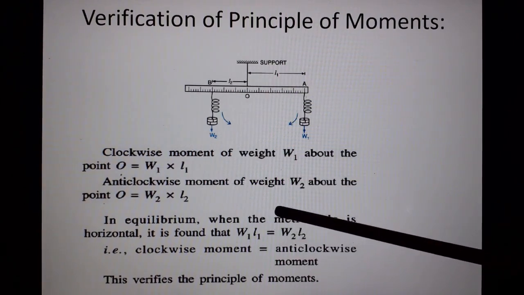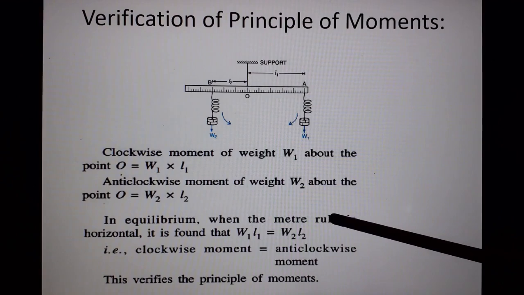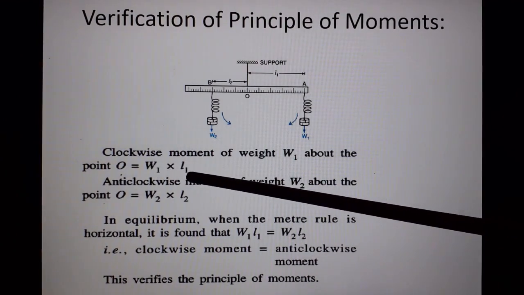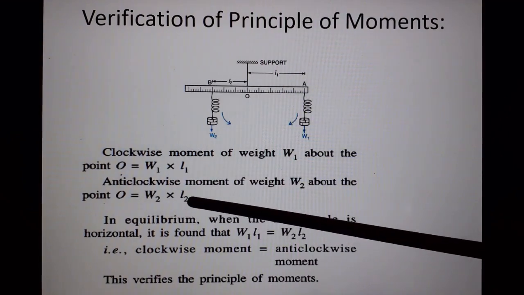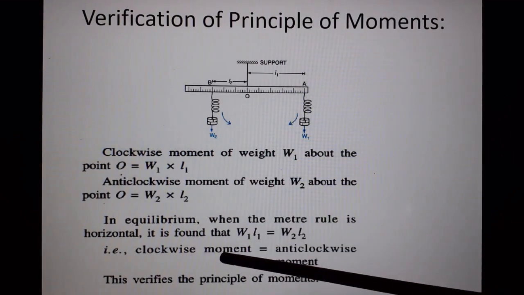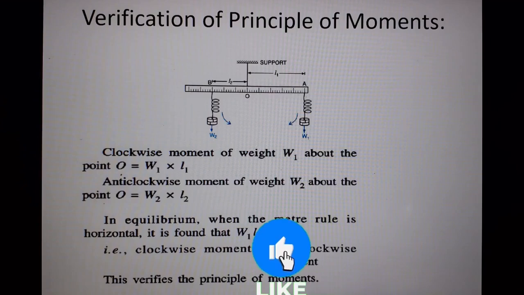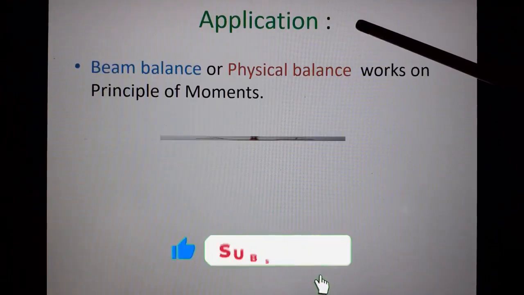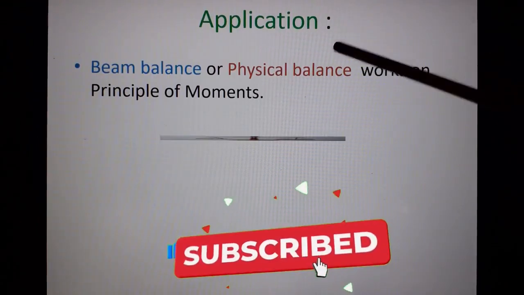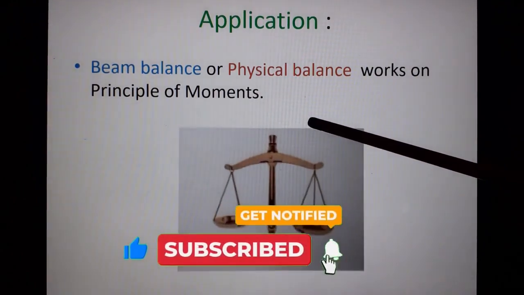That scale or this meter rule will be horizontal only if W1 into L1 is equal to W2 into L2. So clockwise moment equal to anti-clockwise moment. So our principle of moment is verified. One of the practical applications of this theory is beam balance or physical balance.